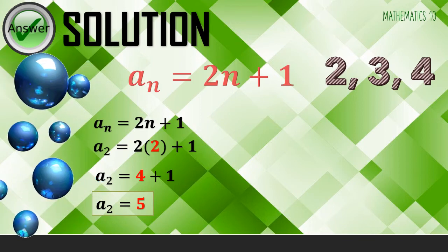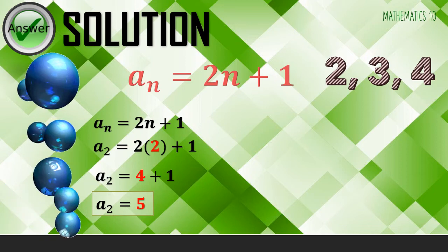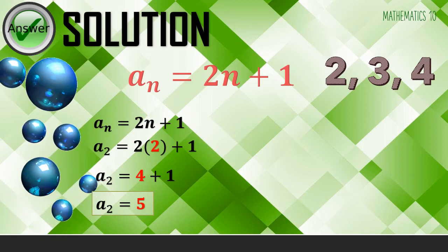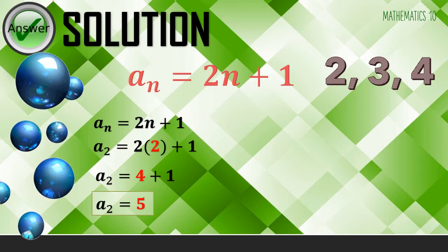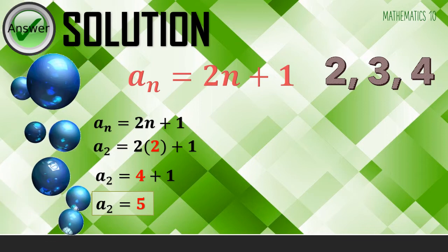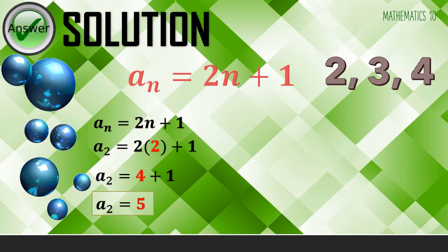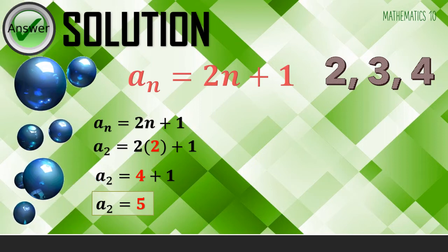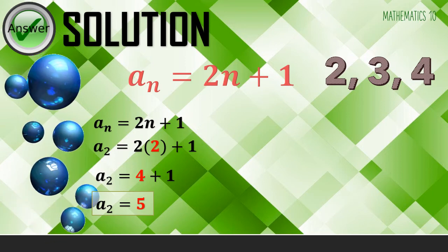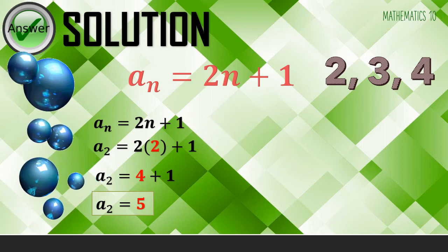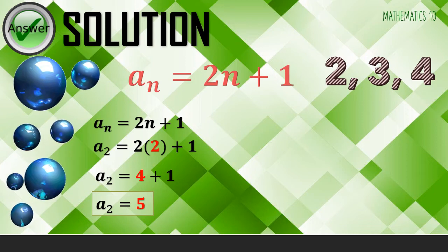By the way, I would like to emphasize this. If we substitute 2 in the given general term, you need to change also the a sub n there in the equation. Instead, n must be 2 at the same time since you substituted 2. So that refers to the second term already. A sub 2 equals 5.